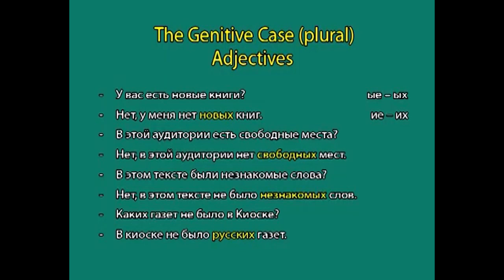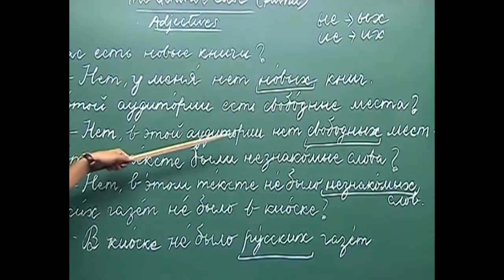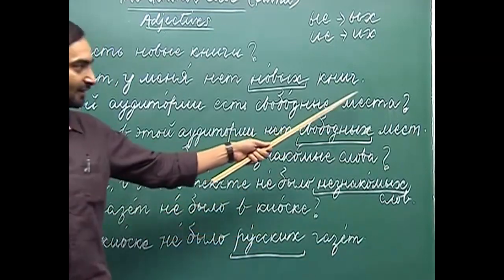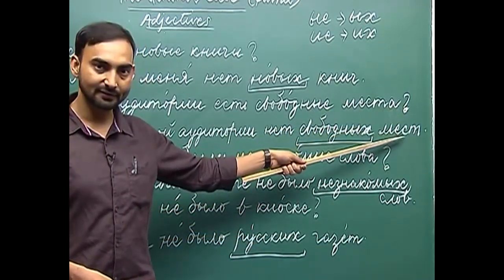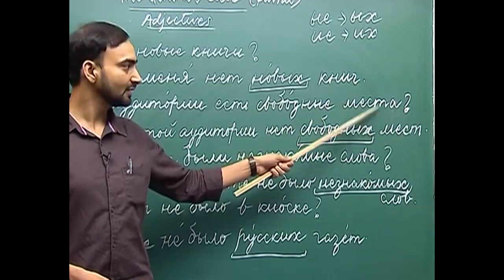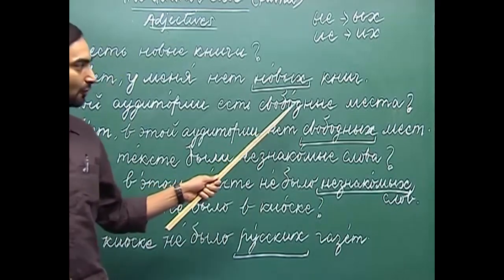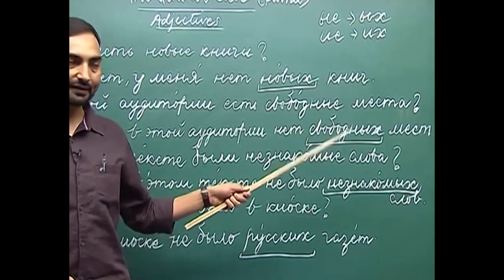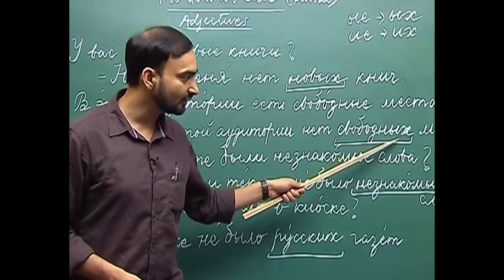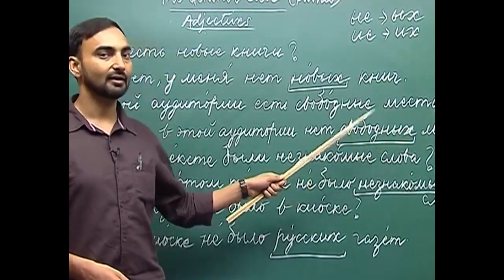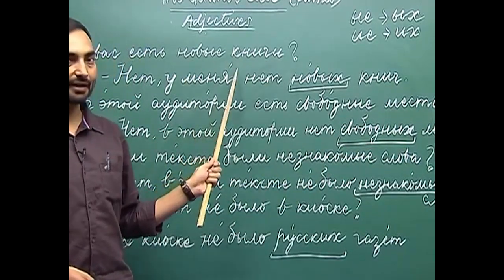But if you answer the same question in negative, we will use the genitive case of nouns. Нет, в этой аудитории нет свободных мест. So, места has become мест, the genitive plural of места, and свободные declines in the genitive case as свободных, ые to ых, the same changes we made with the adjective новые.